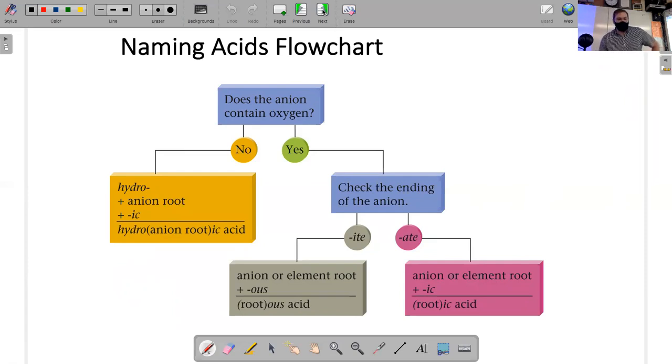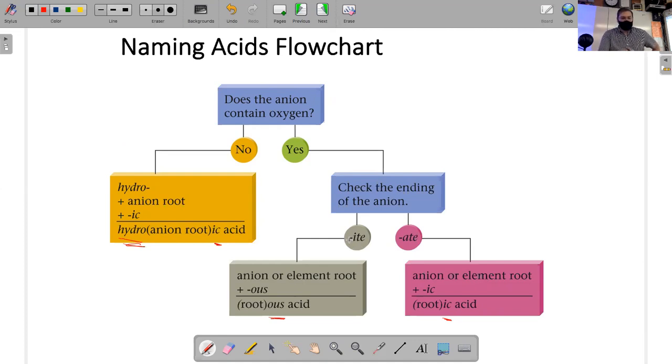So the 3 common acid names either start with hydro and end in ic, or end with ous, or end with ic. And based upon the ends of the names of the acid, you can tell what the name of the anion had to be. So if the acid ends with ic, the anion ended with ate. If the end of the acid is ous, the end of the anion was ite.